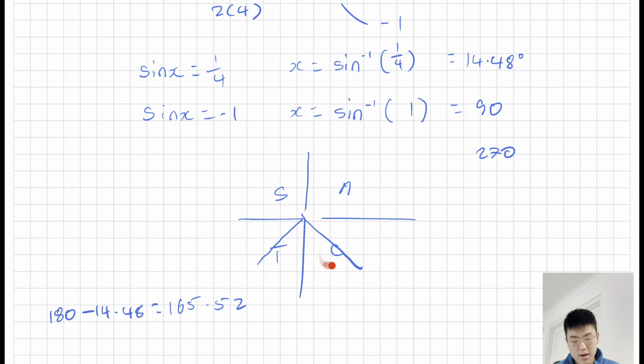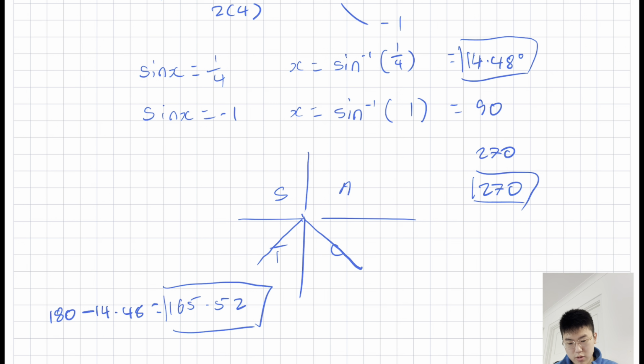And then if we have an angle in this quadrant, we subtract 180 from it, 360. So again, we still get 270. So these are our answers, 270, 14.48, and 165.52.